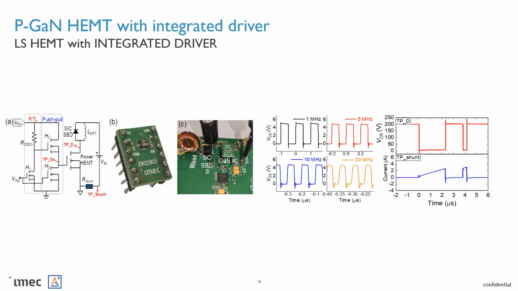However, it's unpackaged, a chip on board bonding, and then we tested it in even different converter circuits, and we see that it gives fast response, and also the ringing and everything is quite controlled.